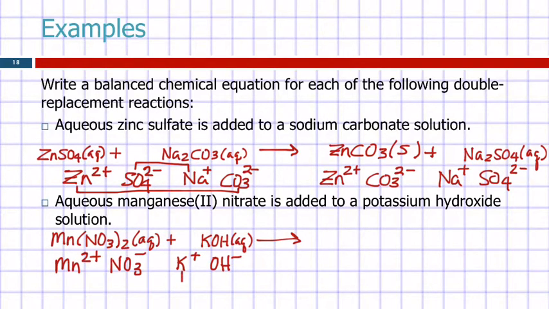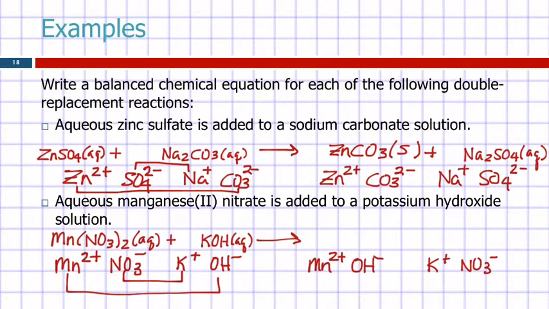Now we're going to swap partners and see what happens. So manganese 2 plus with hydroxide OH minus and potassium with nitrate. So I look at the charges.